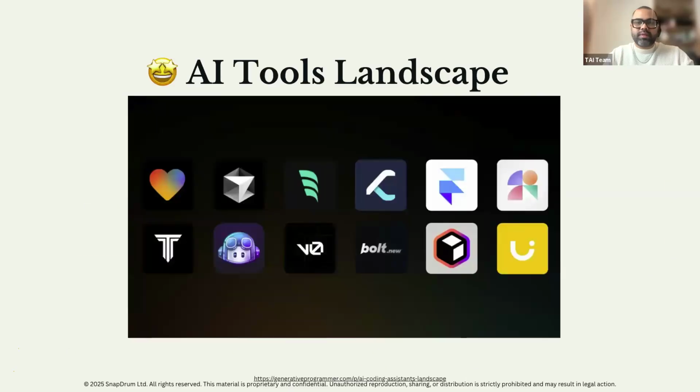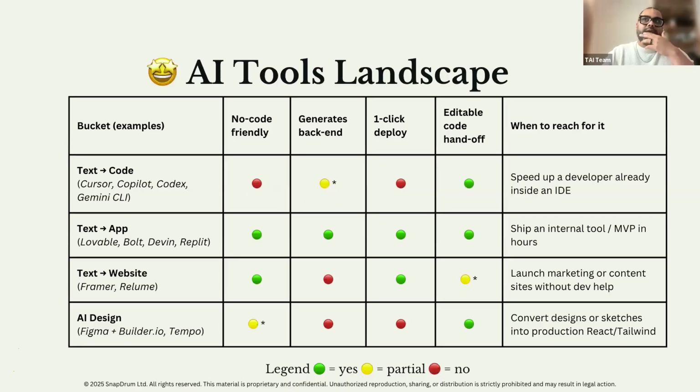I want to cover this piece as well, which is around understanding the AI tools landscape. There are thousands of applications out there, so it's good to look at this from a high-level view. I put these AI tools into four brackets: text to code, text to app, text to website, and AI design tools.